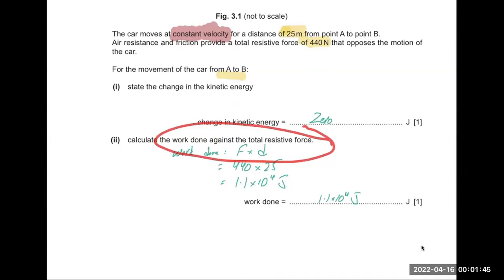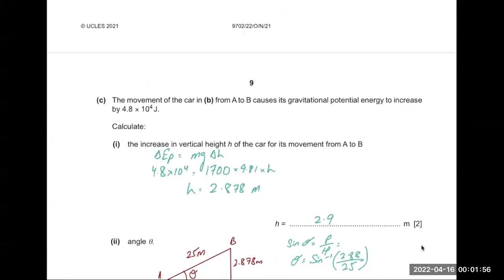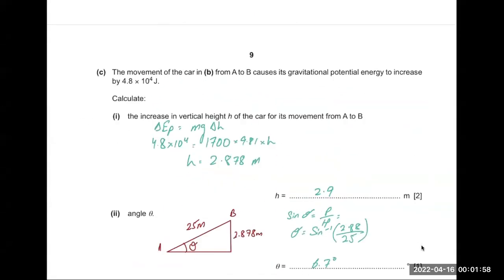Some of the energy produced by the engine, in fact, 1.1 into 10 raised to the power 4 joules of it, is used to do work against the resistive forces. The remaining energy gets converted into gravitational potential energy, 4.8 into 10 to the power 4 joules. If the car would have experienced an increase in speed, we'd also consider that. We'd say some of it is also used to increase the kinetic energy, but that is not the case.